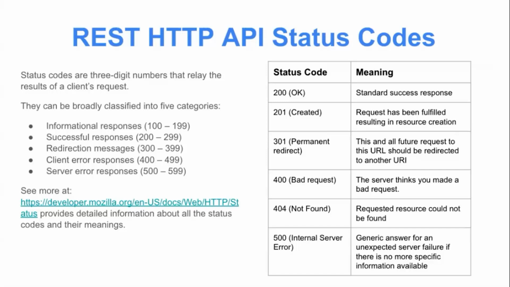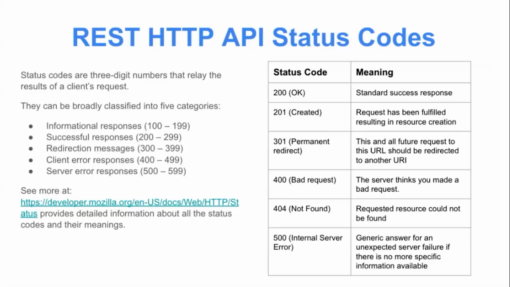Then we have the client error messages, which range from 400 to 499. And this basically tells the client that there's something wrong with the way that their request was formatted. An example of this would be the very common 400 bad request, which basically tells you that the server thinks you had made a bad request, and this happens sometimes when you don't send along the right data.